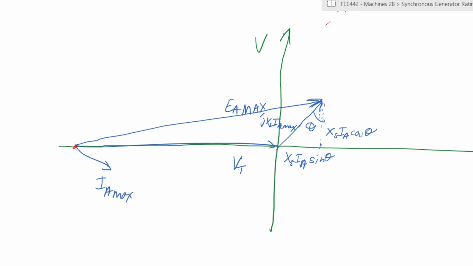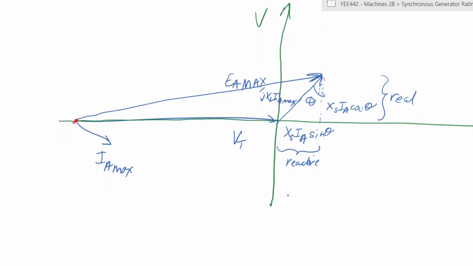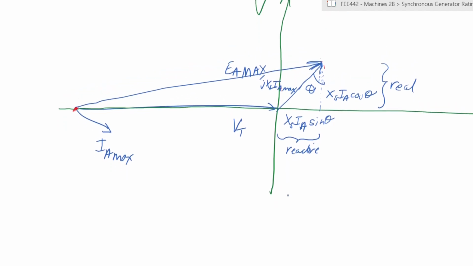Now, what you will note from here is that on this horizontal axis, these are real components, and on that vertical axis, here we have reactive components, right? So you can break down the powers of this generator into those components.